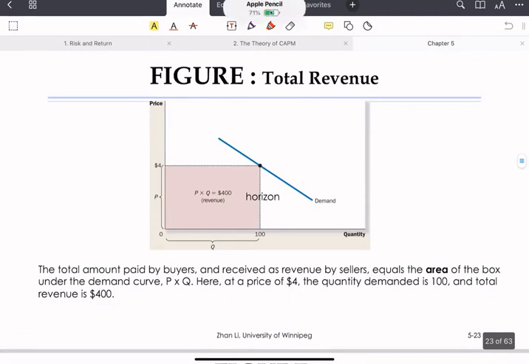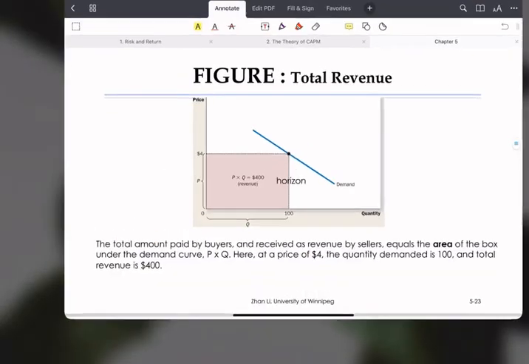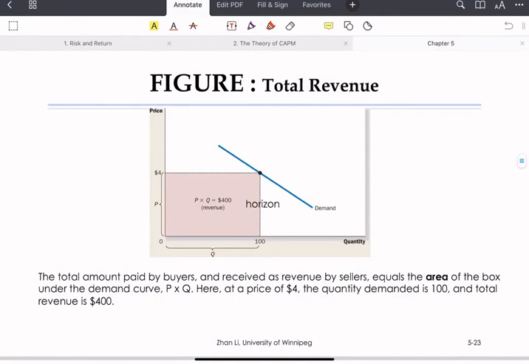So first, let's see a very simple example of total revenue, right? You can see that here you have this demand curve, and on this dot, we have the price of 4, and we have the quantity of 100, right?